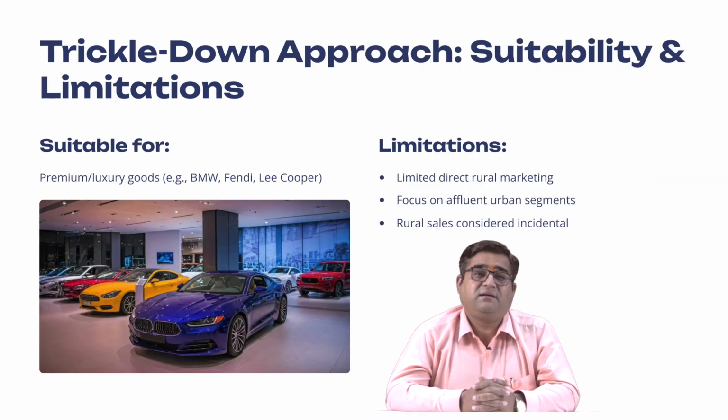Now, let's examine where this strategy fits best. The trickle-down model is particularly suitable for premium and luxury products that are priced beyond the average rural consumer's affordability. This includes luxury apparel brands like Lee Cooper, high-end electronics such as large screen televisions and dual technology refrigerators, prestige automobiles from brands like Mercedes-Benz, BMW and Audi, imported designer furniture like Damro.